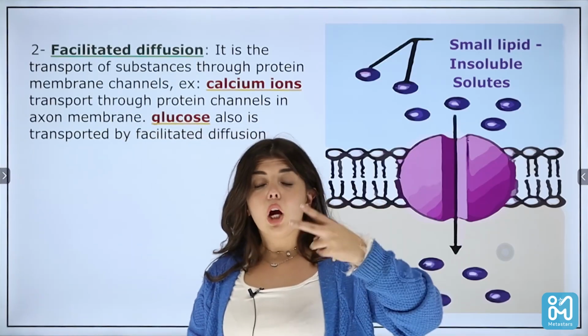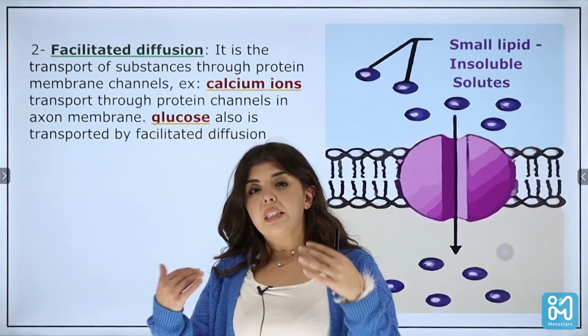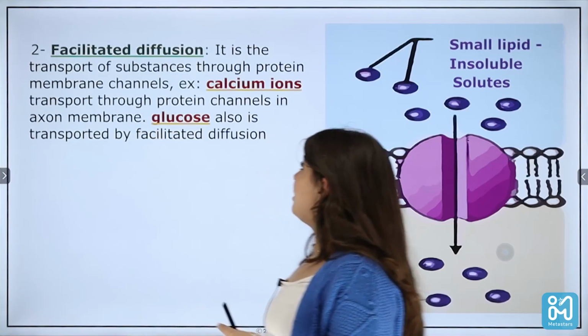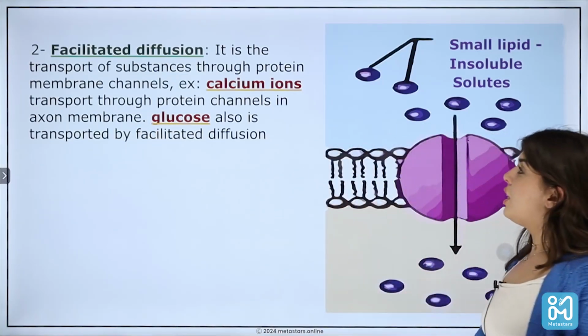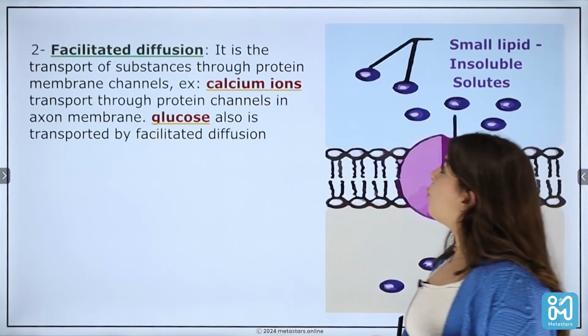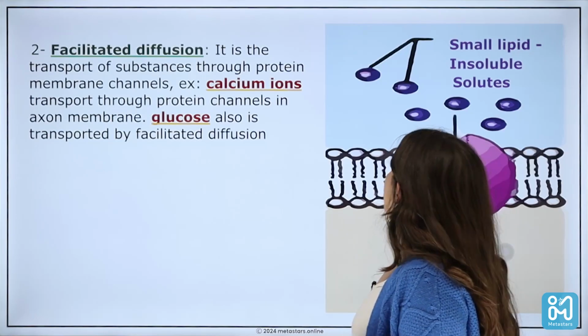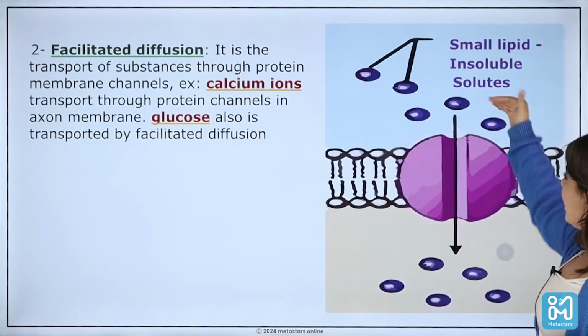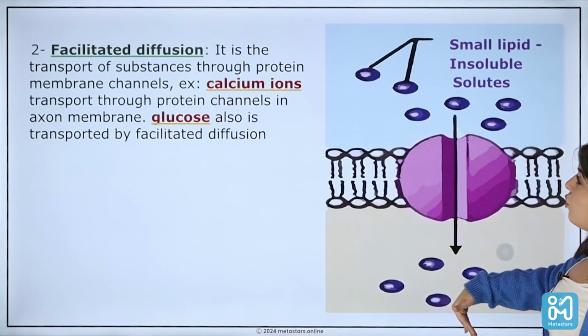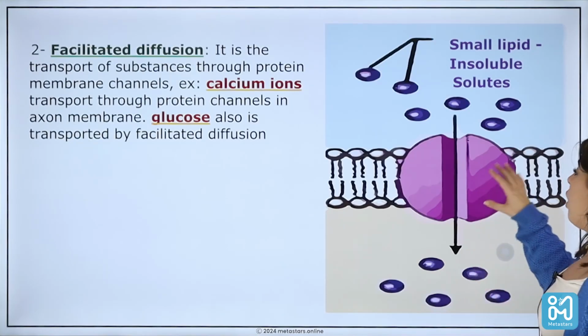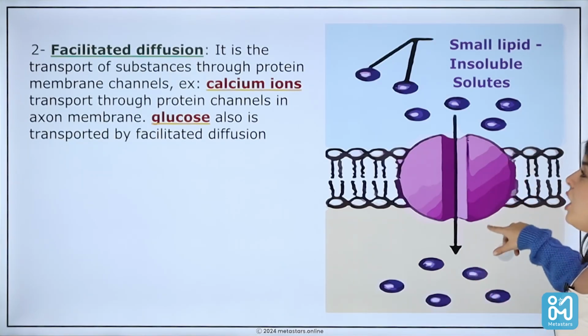The second type of passive transport, which we are still talking about and which doesn't need any energy, is facilitated diffusion. Facilitated diffusion is the transport of substances through protein membrane channels. So it needs a channel in order to transport the substance, but it doesn't need any energy.